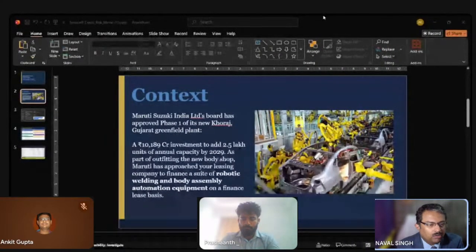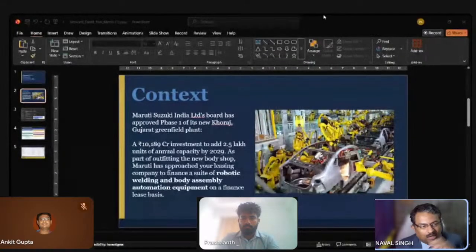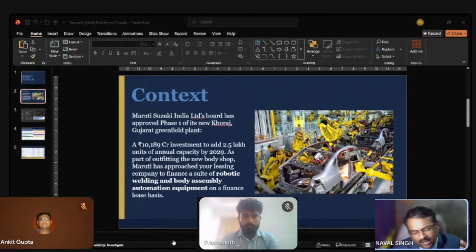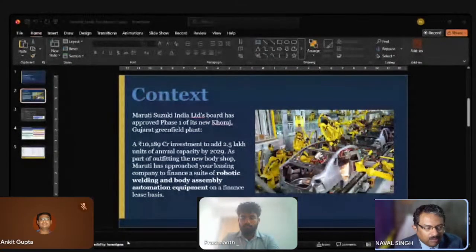Suppose out of 66,000 crore of PPE, we assume that 10% or 20% of that is E, which is equipment, that makes 650 crore of equipment.